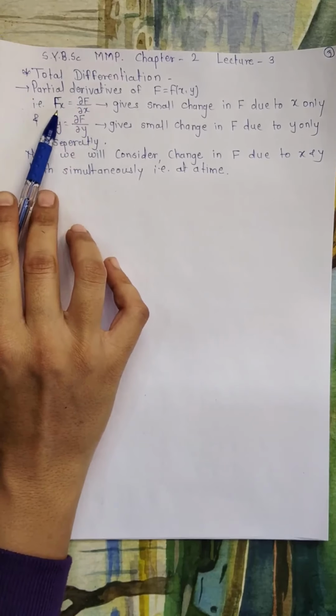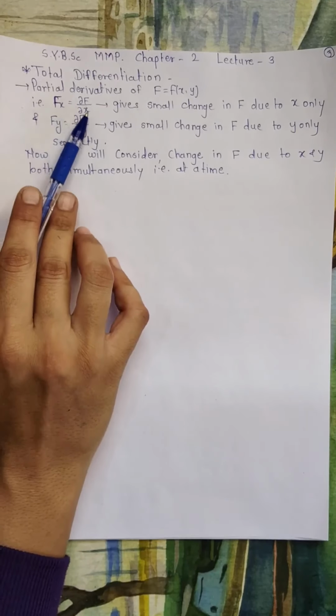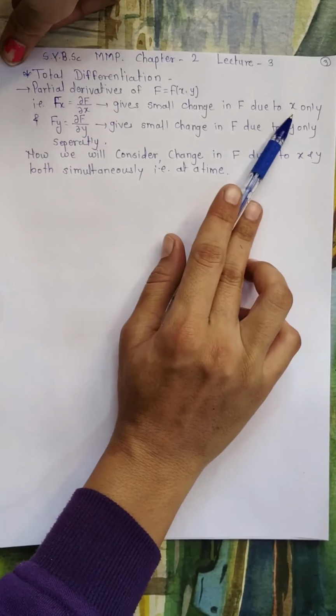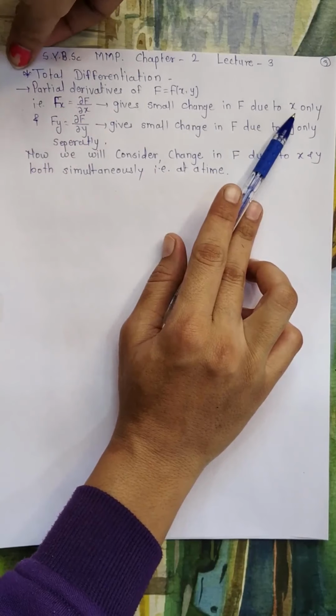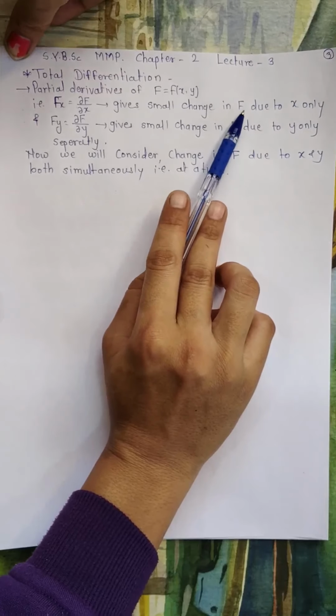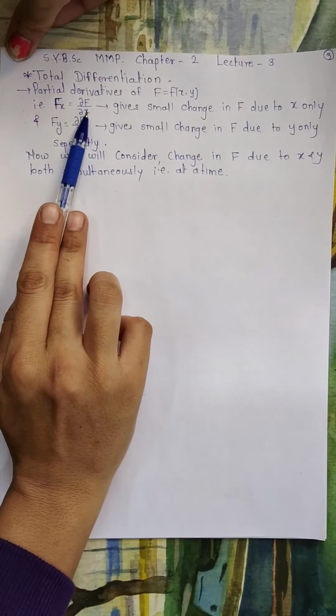So f_x gives a small change in f due to x. Means if x changes to x plus delta x, then f changes to f plus delta f. Here y is constant, right?